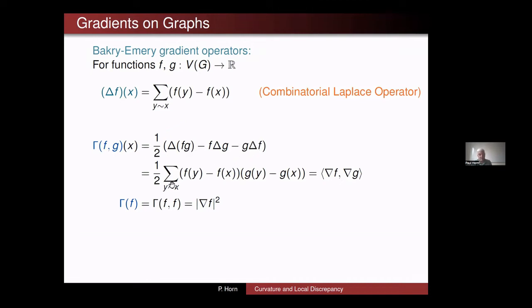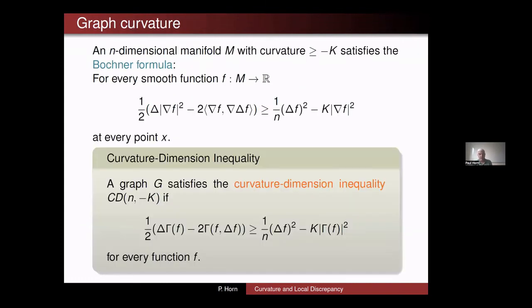And if you work this out for a graph, then you get something that very much looks like the gradient of f dotted with the gradient of g, where now the directions are the different edges coming out. So I'm looking at the difference of these vectors across each edge. This is how it works out, but it works as a nice definition.